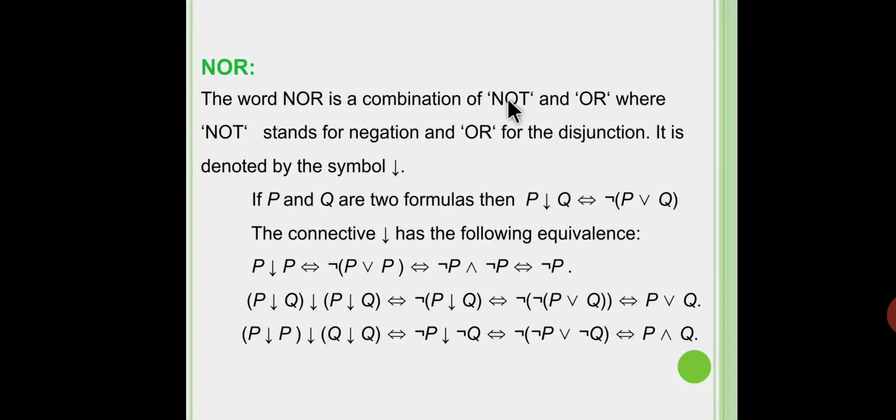So what is NOR? The word NOR stands for not and or. So not stands for negation and or stands for disjunction. It is denoted by the symbol down arrow. So the basic rule is P down arrow Q, which is equivalent to negation of P or Q.